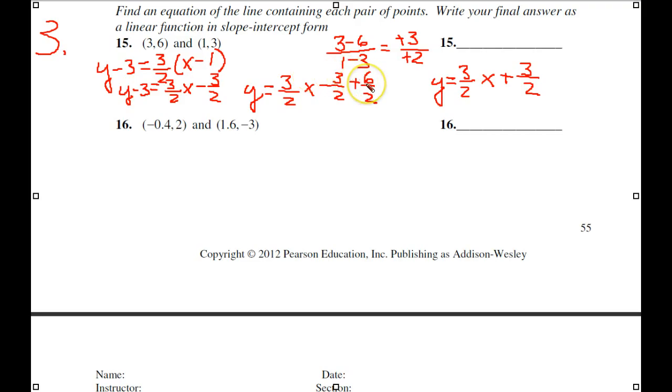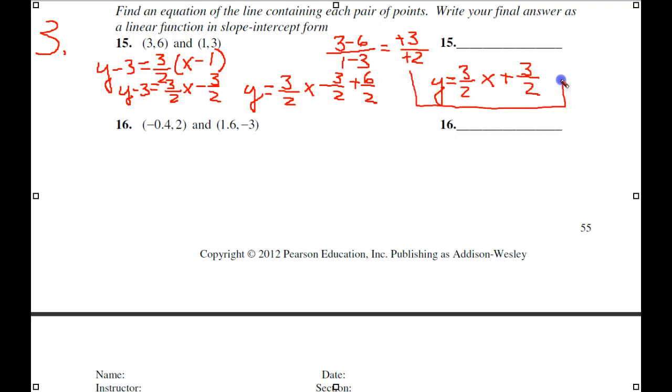Then I transpose the negative 3 to the other side. Well, on the other side, it becomes a positive 3. But in order to integrate with this fraction, I need to make that 3 over 1 into 6 over 2. So I could actually do my subtraction here. So negative 3 and a positive 6 gives me a positive 3/2.